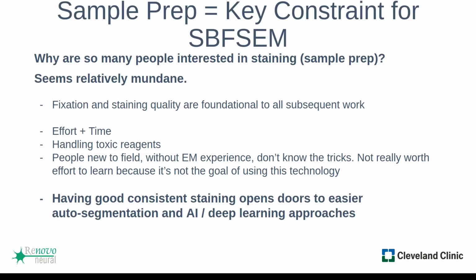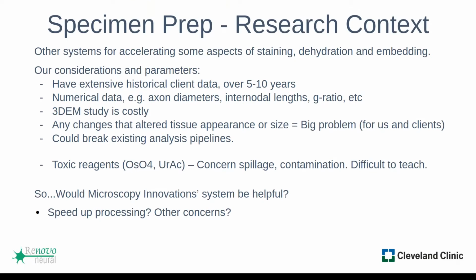so you know how that goes. So while there are some other staining systems to accelerate some of the aspects of staining, we had resisted them due to concern that they might alter the tissue in ways that would make trouble for us.